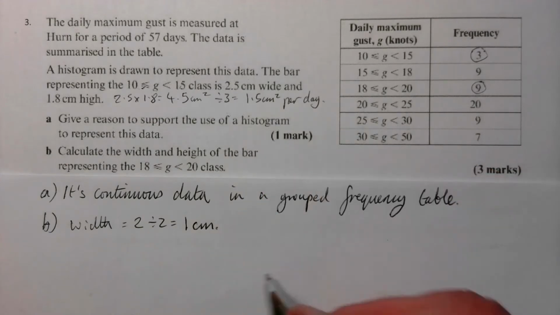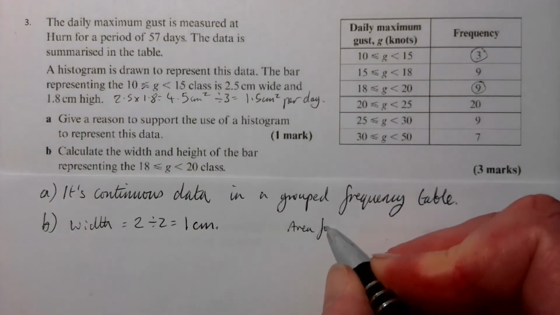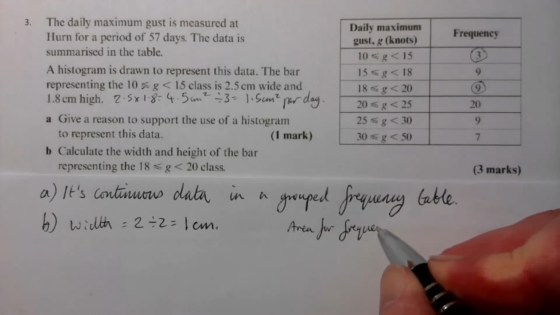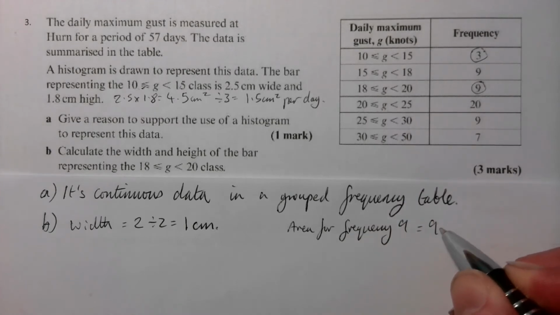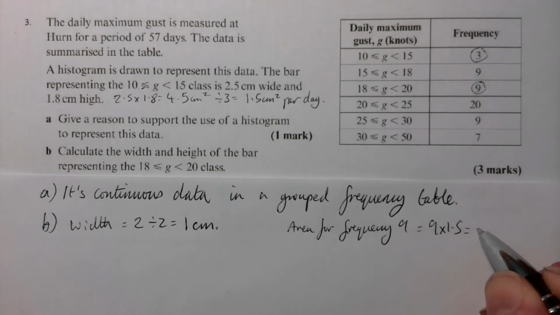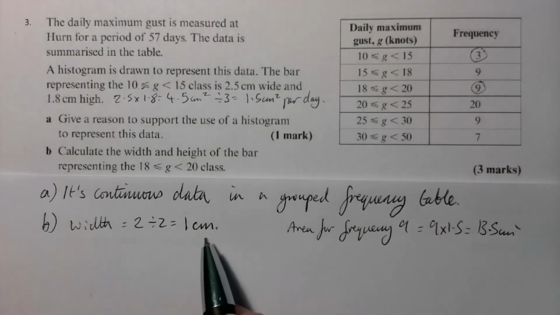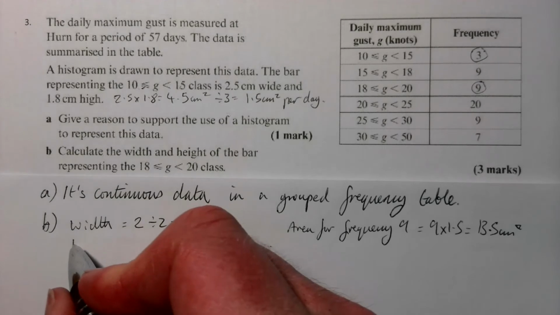Now the area for frequency 9 is going to be 9 times 1.5, which is 13.5 centimeters squared. Now if the width is 1, times 13.5 will give you 13.5 centimeters squared, so the height of it must be 13.5 centimeters.